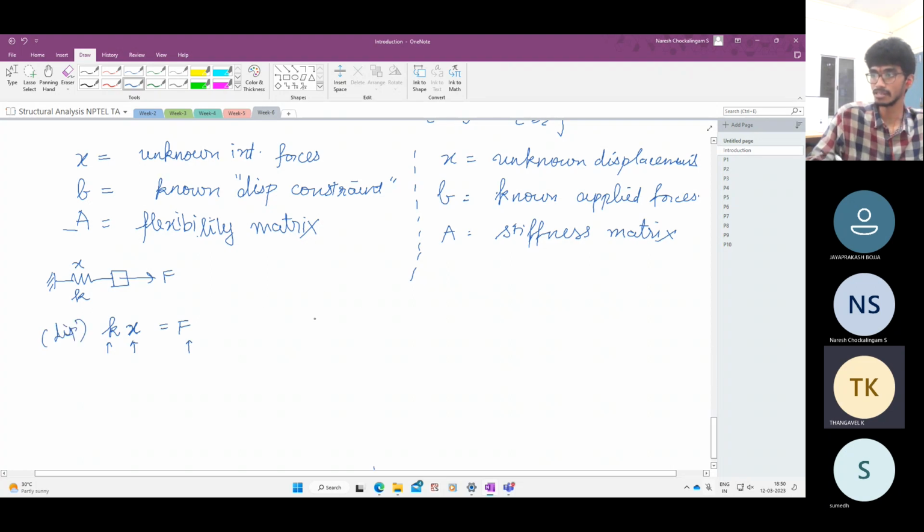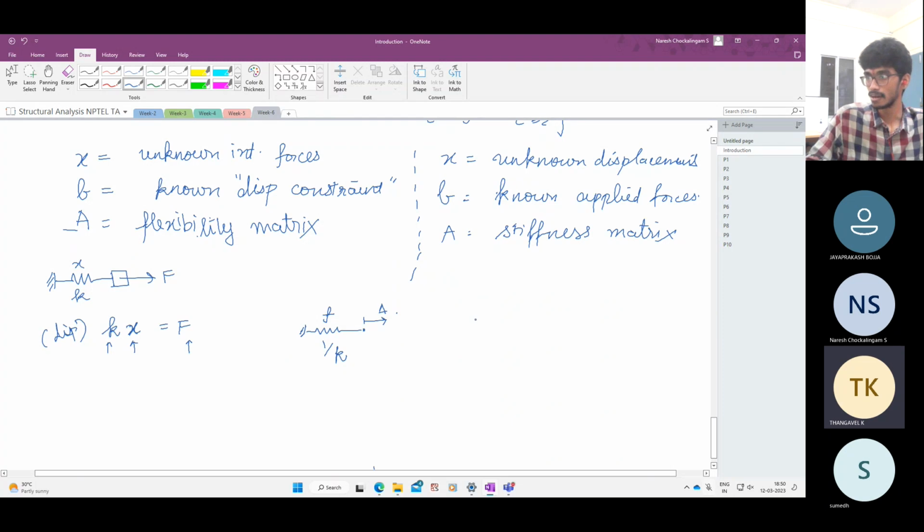Suppose you want to solve it using the force-based method. In that case, how will you do it? Suppose there is an unknown force F in the spring and the flexibility of the spring is 1 by k. If k is stiffness, 1 by k is the compliance or flexibility. And here you are applying some displacement delta.